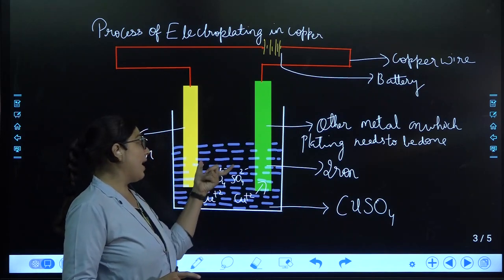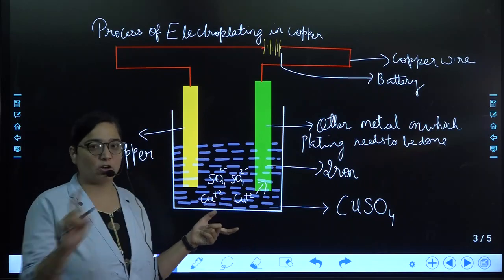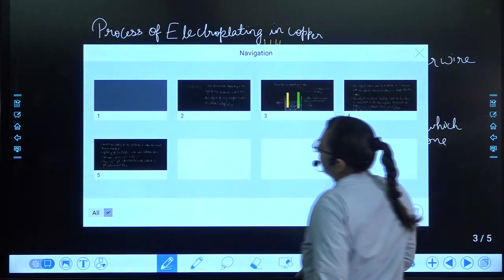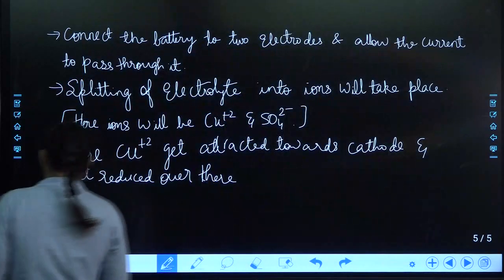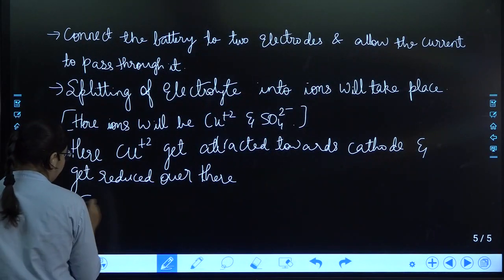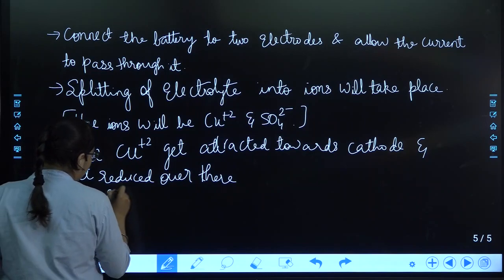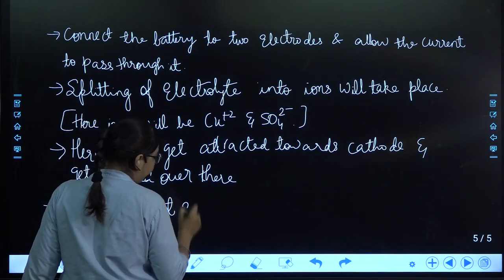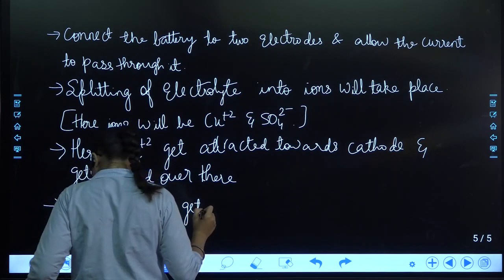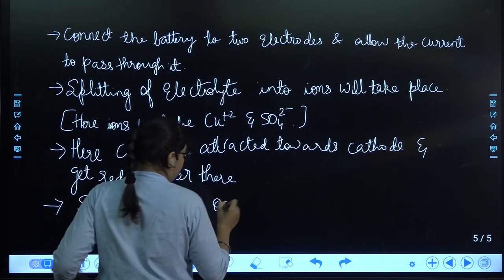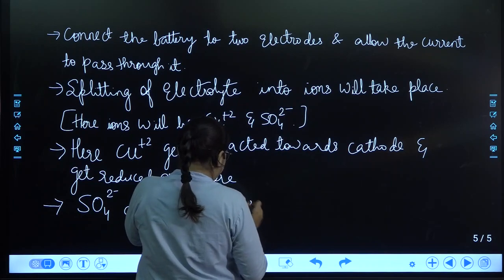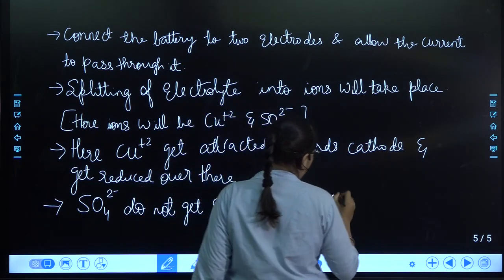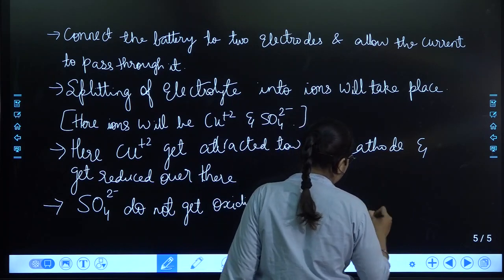The SO4 2- ions will not get oxidized, but will remain in the solution.